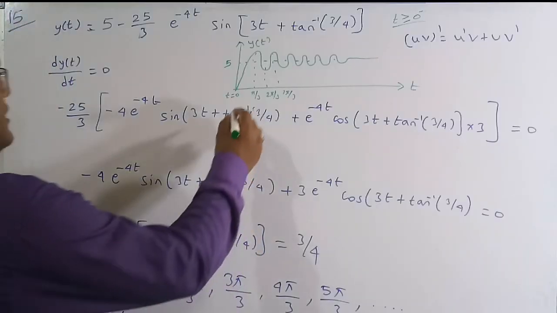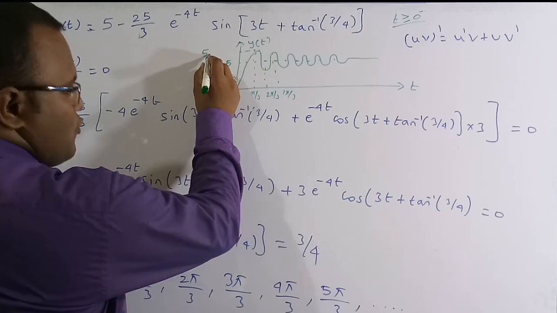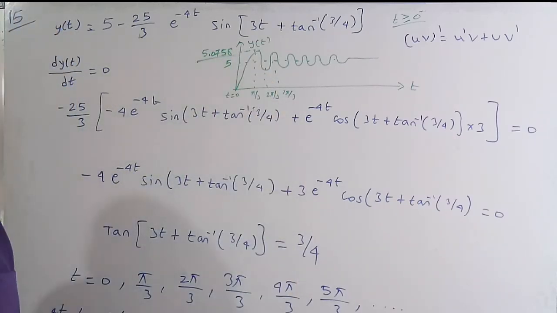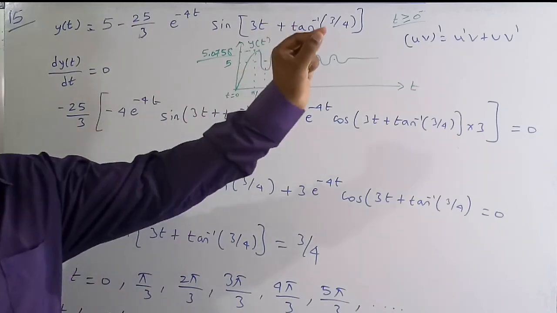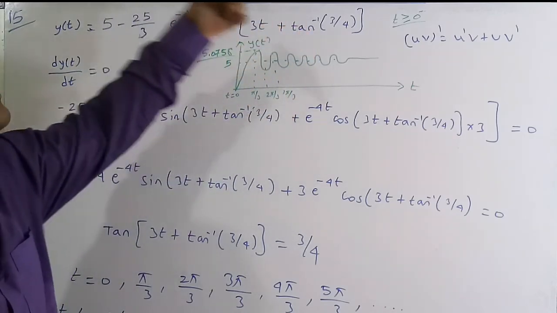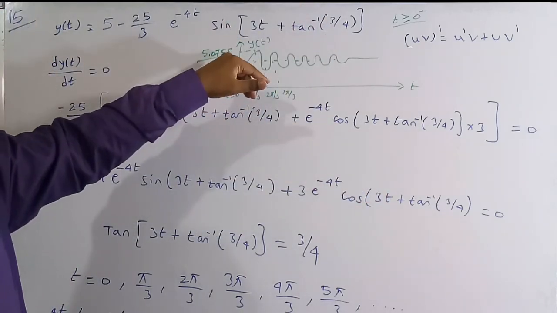So therefore, at t is equal to pi by 3, we are getting a value which is nothing but 5.0758. So this is the peak value of this function, means at no other instant except at t is equal to pi by 3, remaining all other instants are going to have a smaller value when compared to 5.0758.